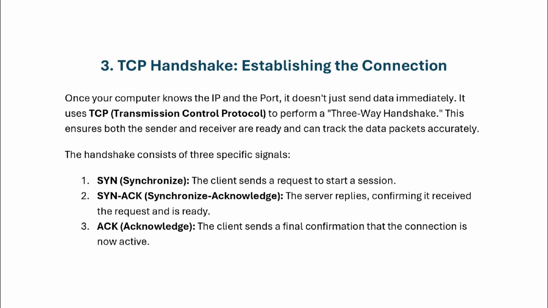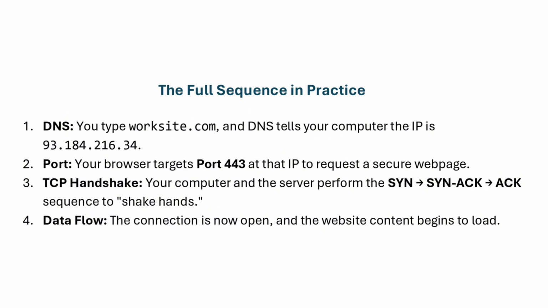The client requests to start a session, and when the server replies and confirms that it is ready to receive the request, the client sends a final confirmation that the connection is active to send the request. So how do all these three steps complement each other?